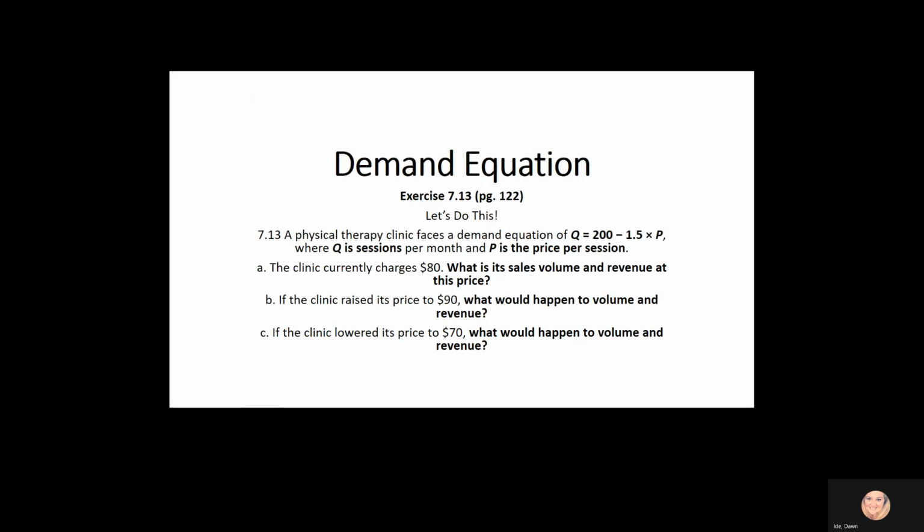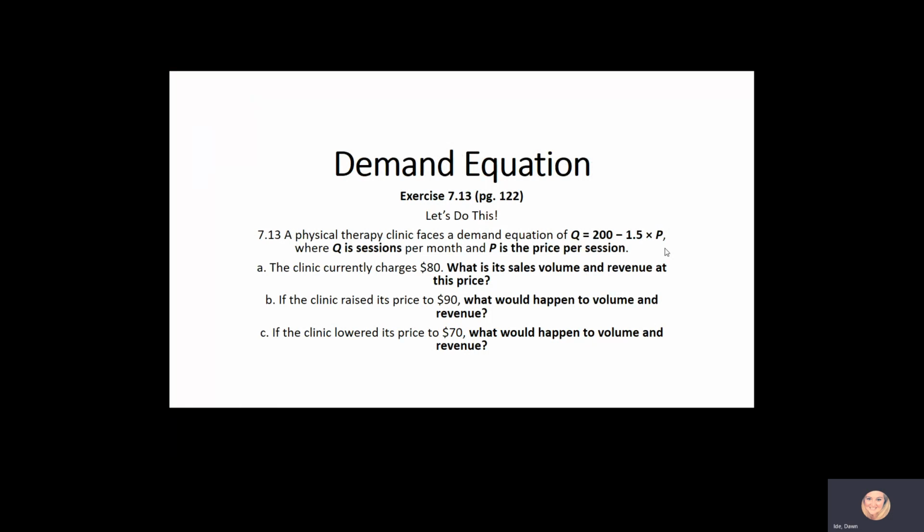Let's do this. A physical therapy clinic faces a demand equation of Q equals 200 minus 1.5 times P. The first thing I want you to notice is that they're giving you the equation. I know a lot of people say, oh gosh, I don't even know where to start, but you're actually getting the equation first here.